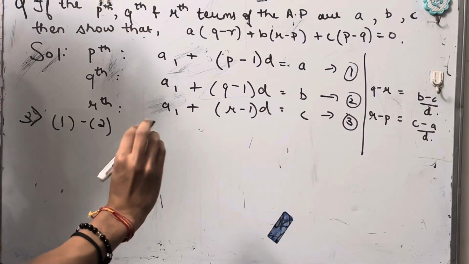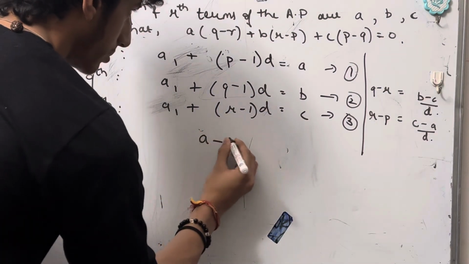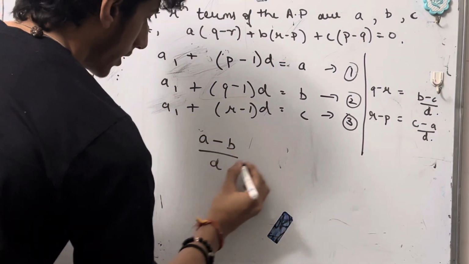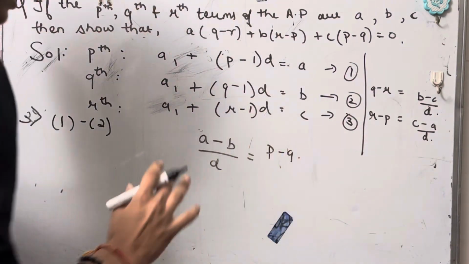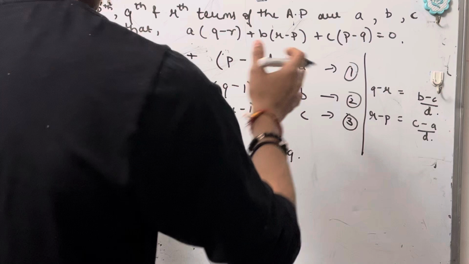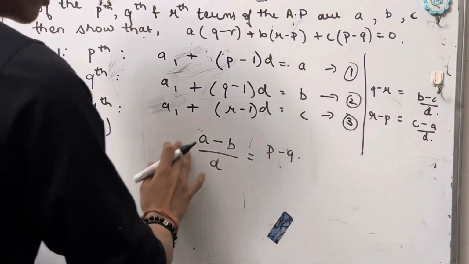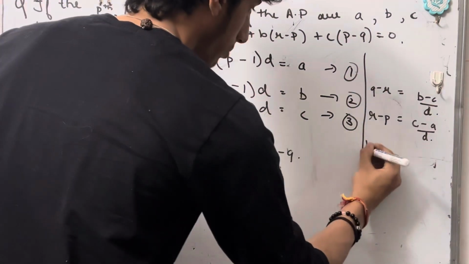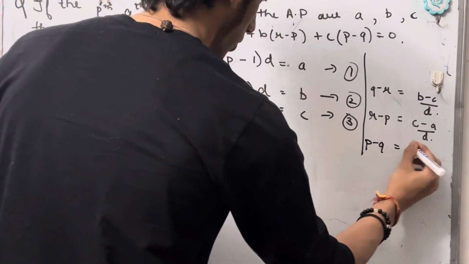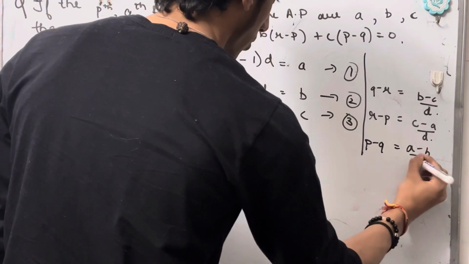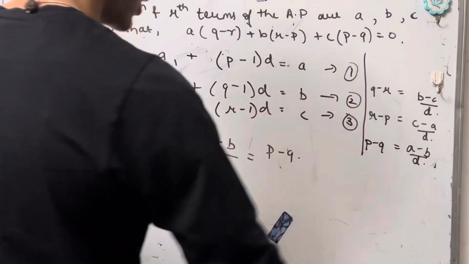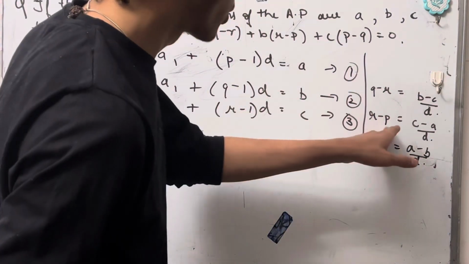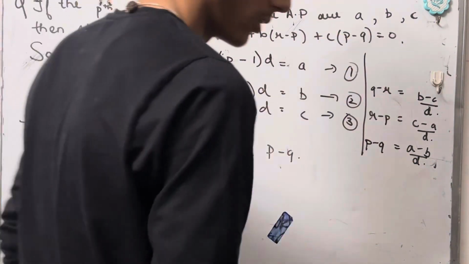From this we will get A minus B upon D is equal to P minus Q. I am directly writing the answer, but you have to show it by solving. So the value of P minus Q is equal to (A minus B) upon D. Now we just have to substitute these values in this equation. Alright, let's try.